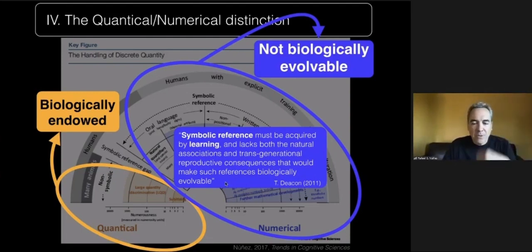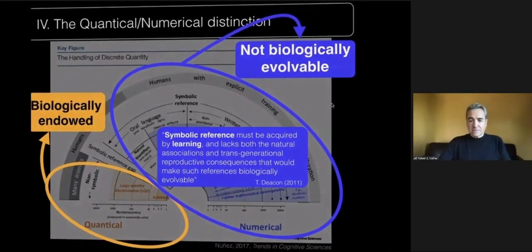So the proper individual references cannot be biologically evolved. The capacity of having symbolic reference may have evolved for reasons we don't understand well in the case of the human species, but the actual symbolism and the associations with the things that it refers to have to be acquired by learning in a cultural context.